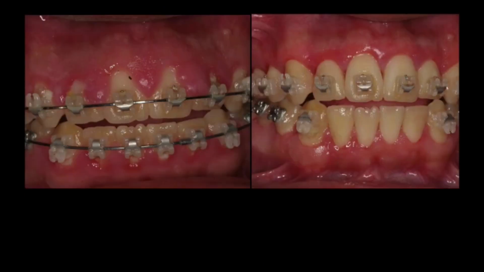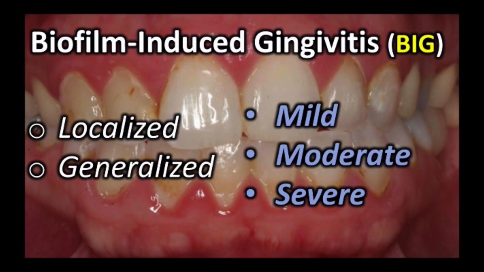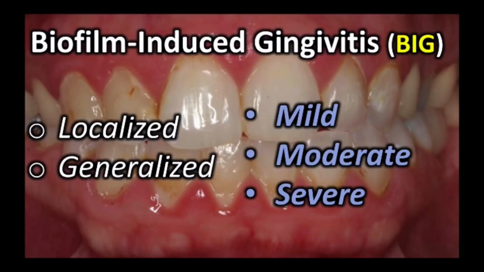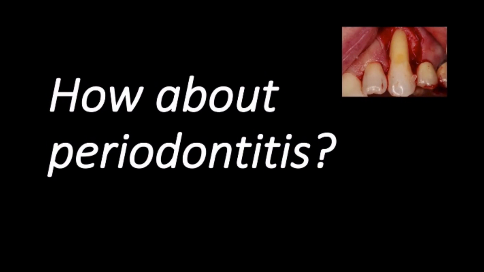The patient is not allergic to the brackets or the braces, it's induced by plaque, and some patients will be more susceptible. So gingivitis is the same, very simple: localized or generalized, and there are 3 levels of severity. Very simple. But let's talk about periodontitis.